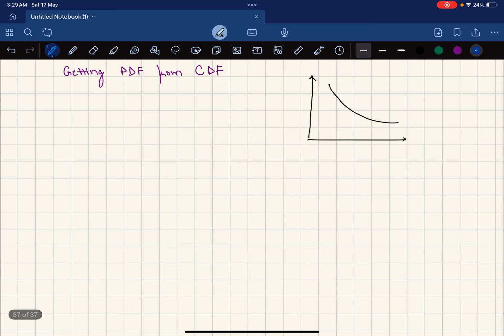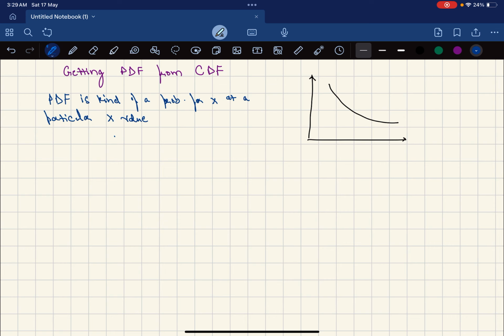Now moving further, we want to see how the PDF and CDF are related to each other. So what does the PDF actually represent? The PDF is kind of a probability for x at a particular x value.